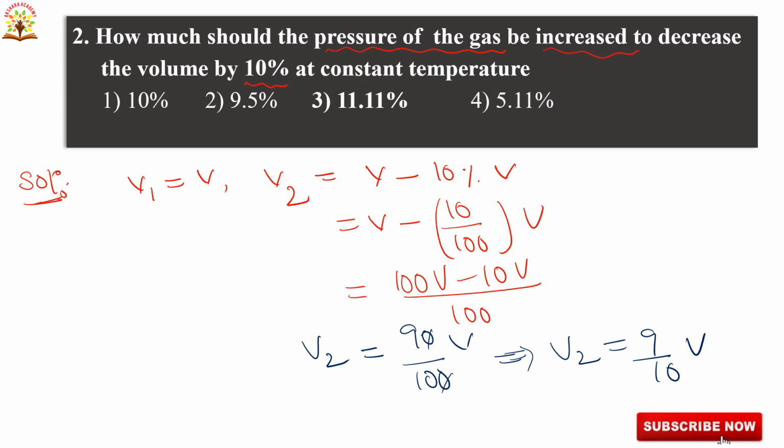Now we have to calculate the increase in pressure of the gas. So we have to calculate P2 minus P1 by P1 into 100. As P is inversely proportional to V, from Boyle's law PV is equal to constant.